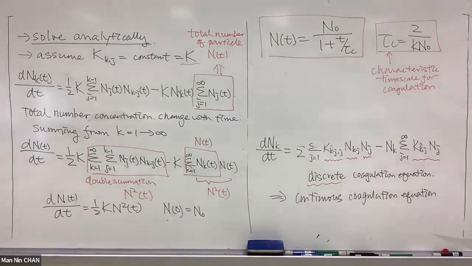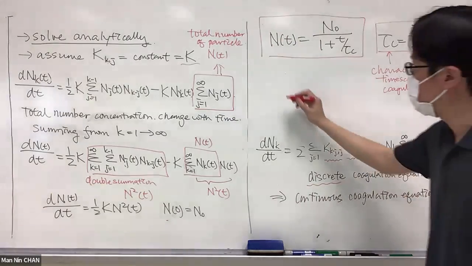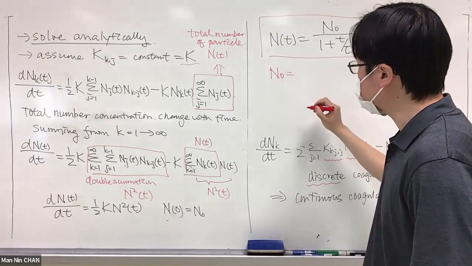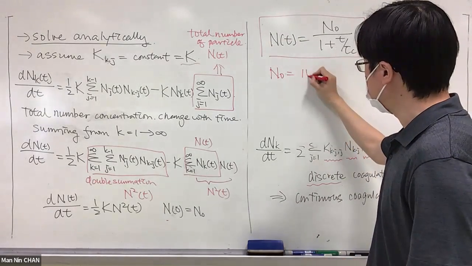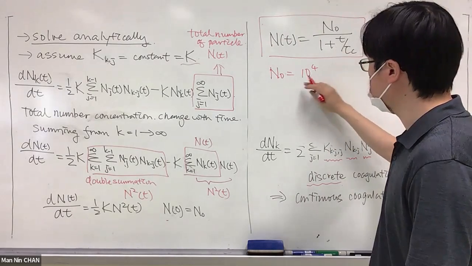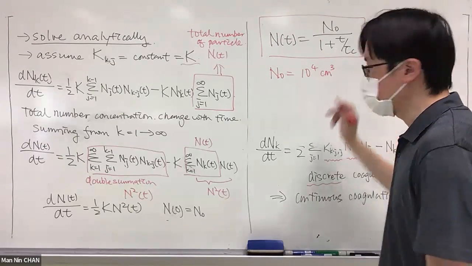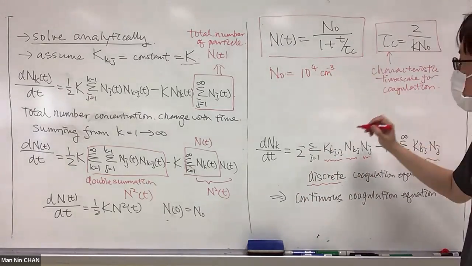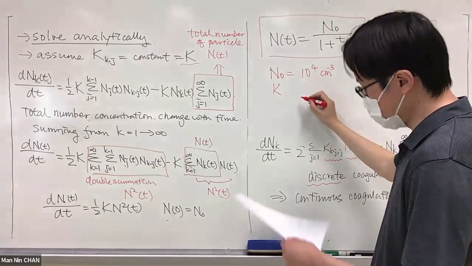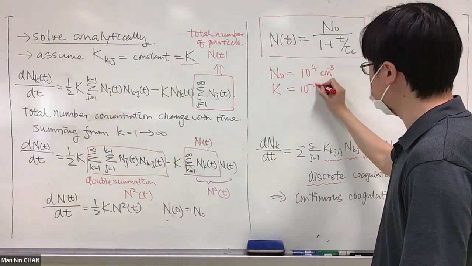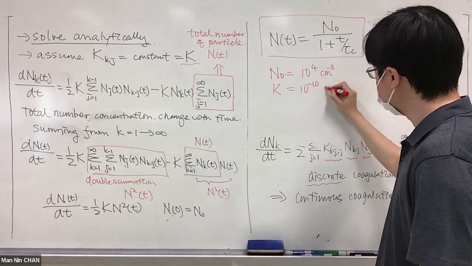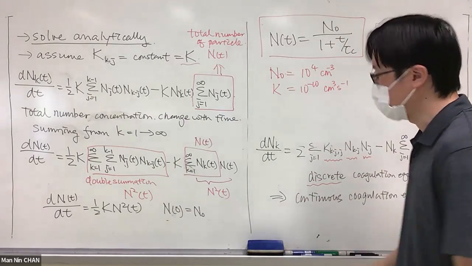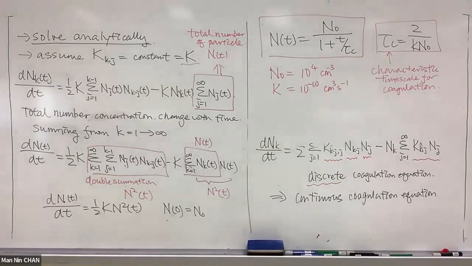I just want to show you some typical numbers. Let's say in the ambient air, usually the aerosol number concentration is 10 to the power 4, so 10 to the power 4 particles per cm cube. And then the coagulation coefficient, let's say we set a small value, say 10 to the power minus 10, to avoid overestimation.